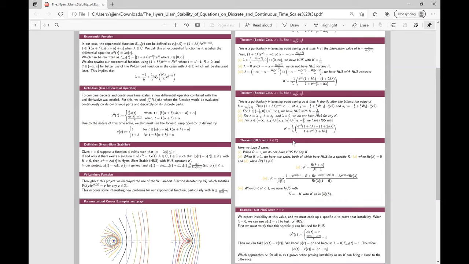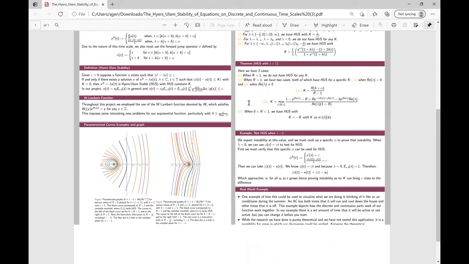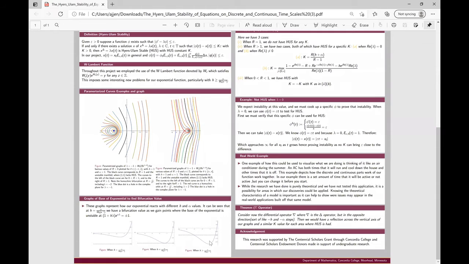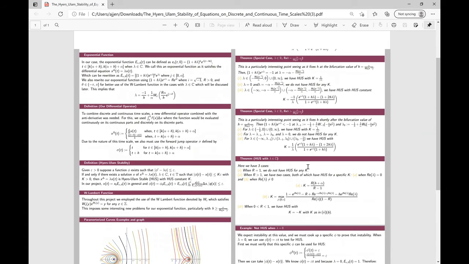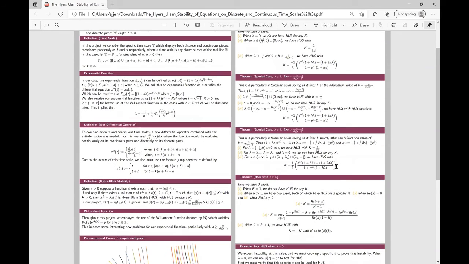And again, when we say that we want our value to be at any point from here to here, or that is past this first 1 over h and not at our instability points, we find that we have Hyers-Ulam stability again with the same constant as before.